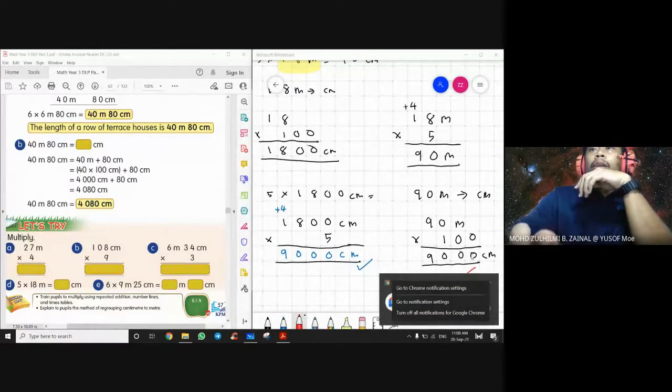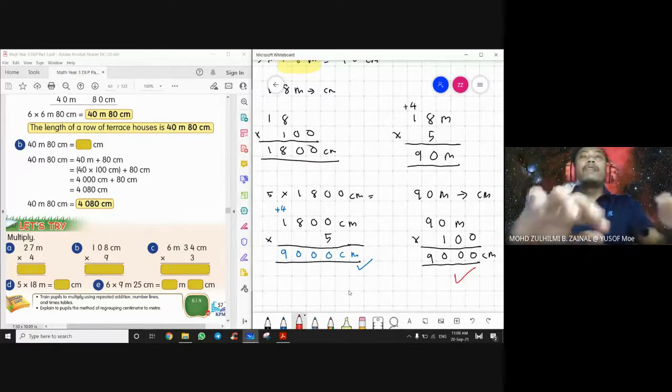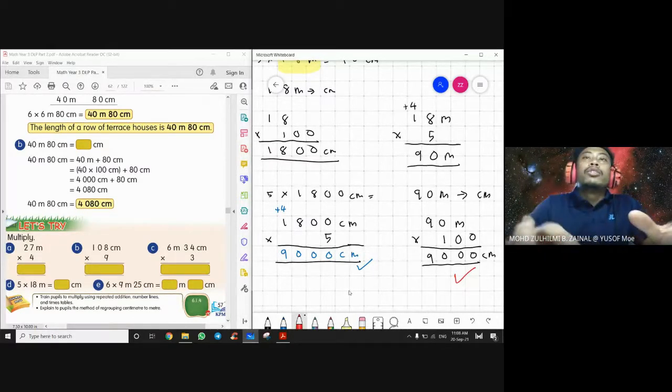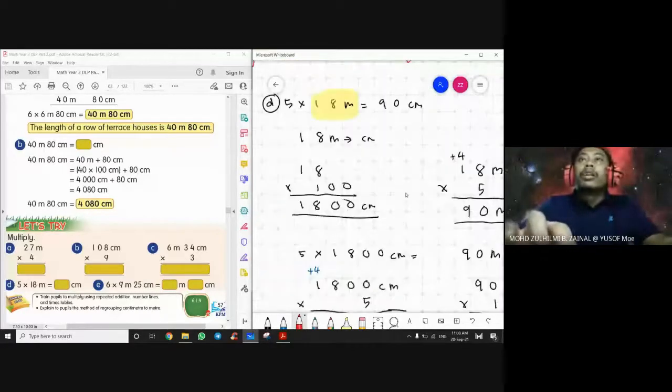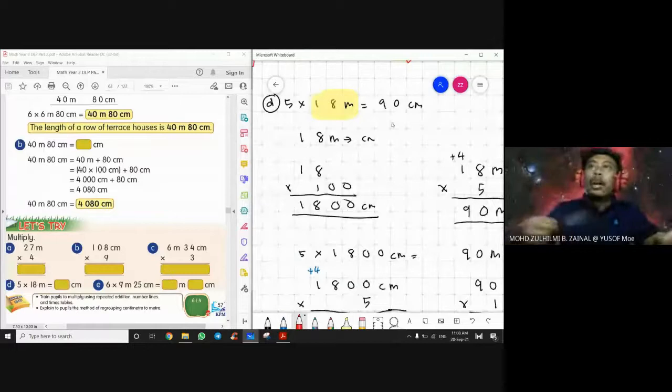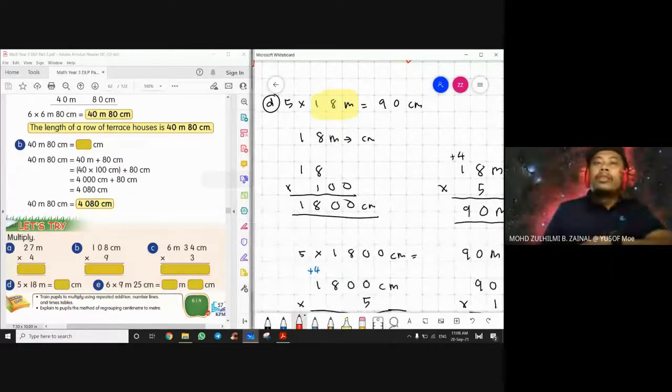Alright. So tadi just now Vanessa, okay, dengar everyone. Vanessa has the correct answer. However, she forgot to change the unit. Lupa nak change the unit because the question is not asking you in meters. The question is asking you in centimeters.